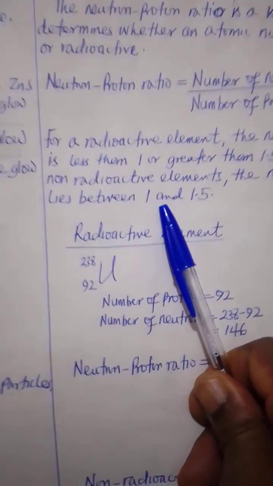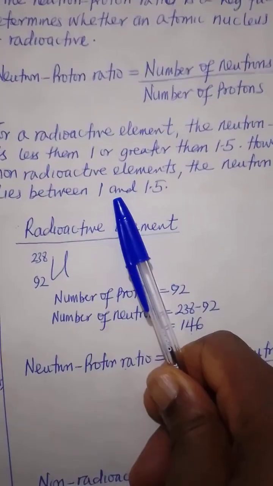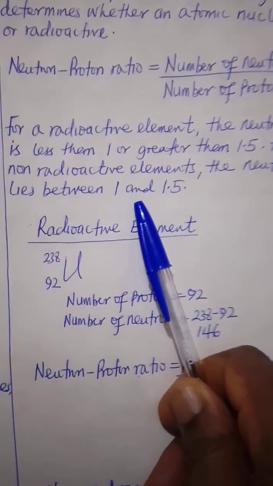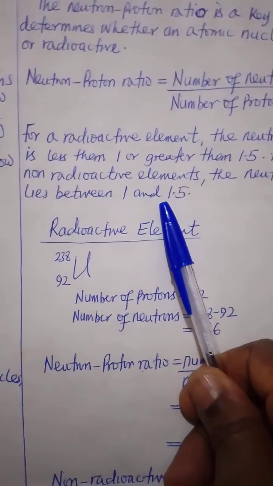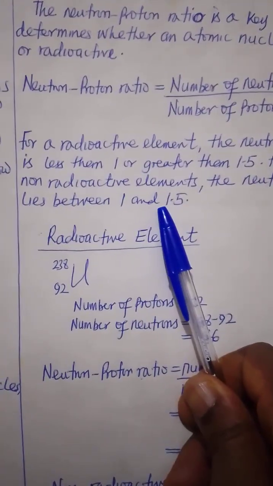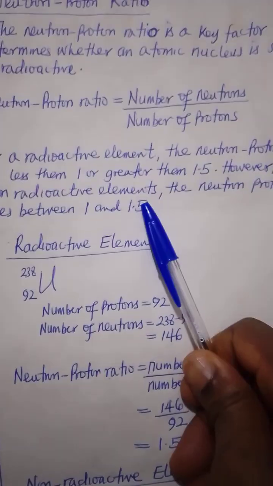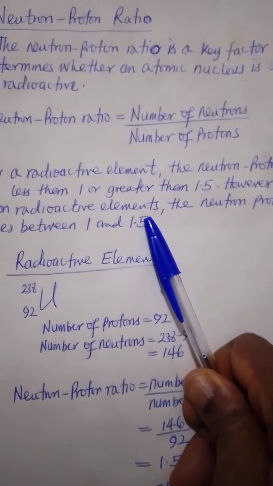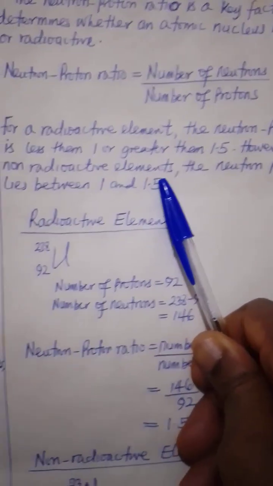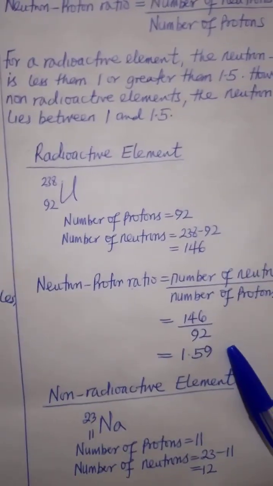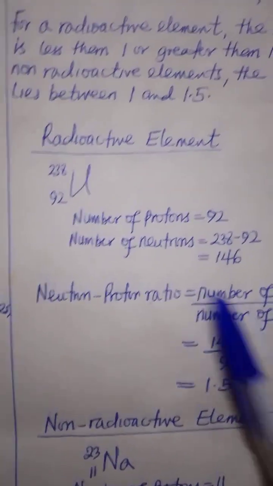So sometimes the neutron-proton ratio could be 1. But generally, we're saying that once the neutron-proton ratio lies between 1 and 1.5, we say that the atomic nucleus is stable or non-radioactive. So let's see some examples.